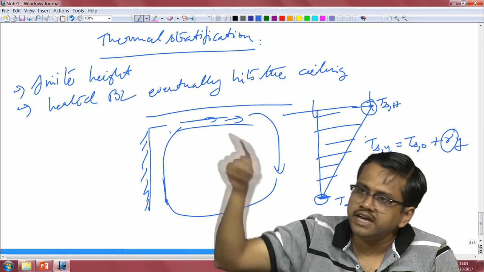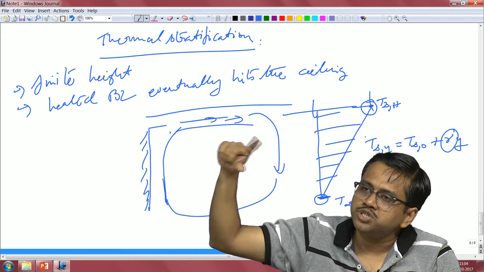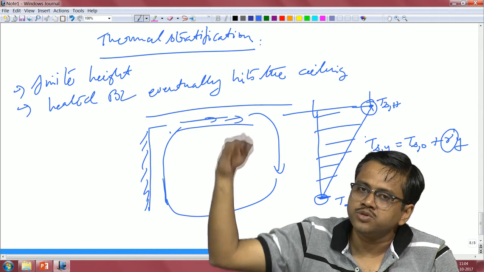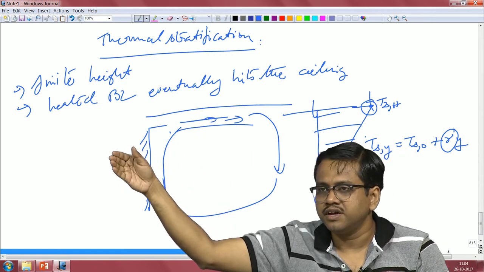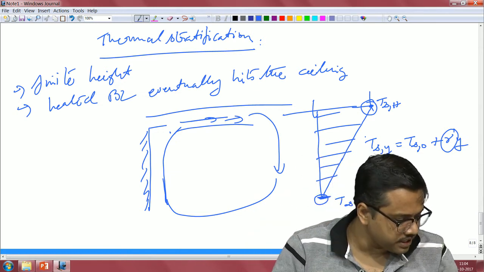So, naturally there is that correspondence, that driving influence which drives the buoyancy, which drives this entire recirculation loop, is going to become a little weaker for the same given wall temperature. Remember, the wall temperature is still the same.